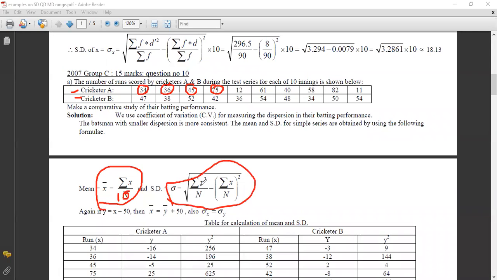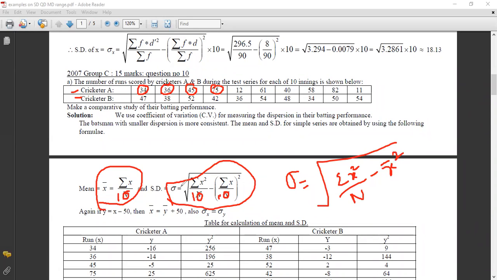That is root over summation x square by n minus, summation x by n whole square, like this x bar. N means the total number of observations, for this example n equal to 10. You can also write sigma equal to root over summation x square by n minus x bar square.